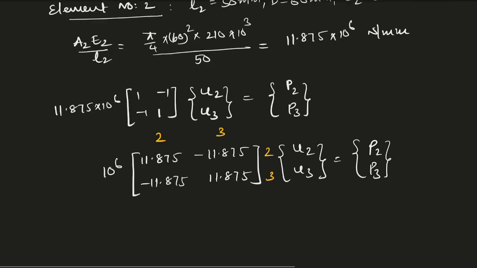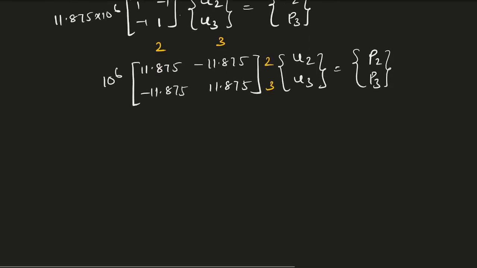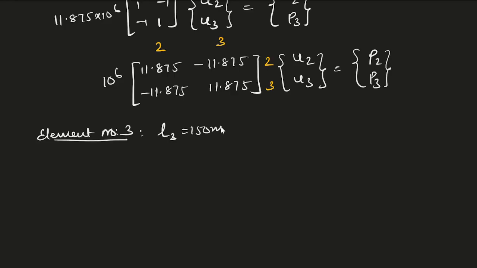Now the last element, that is element number 3. Here, L3 will be equal to 150 mm, and the diameter was 40 mm, and E3, Young's modulus for this particular element, is again the same, 210 into 10 power 3 Newton per mm square.